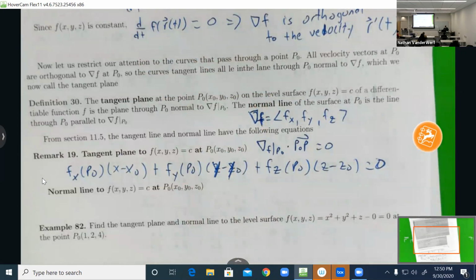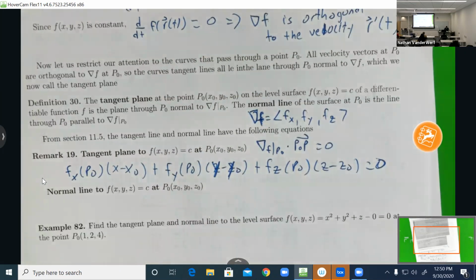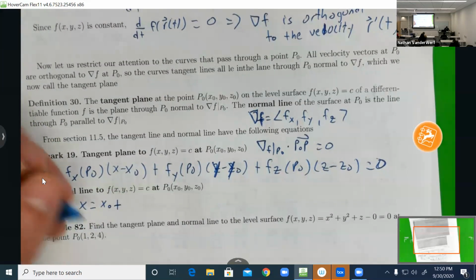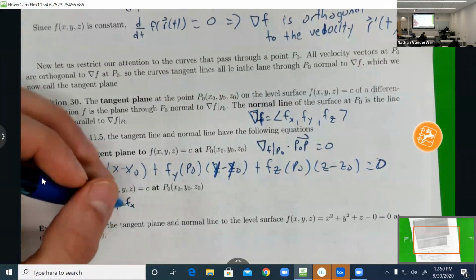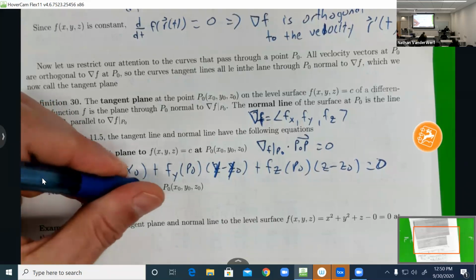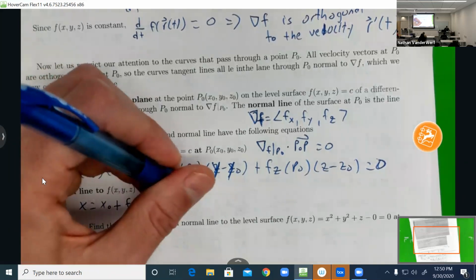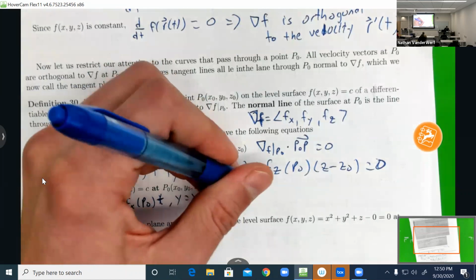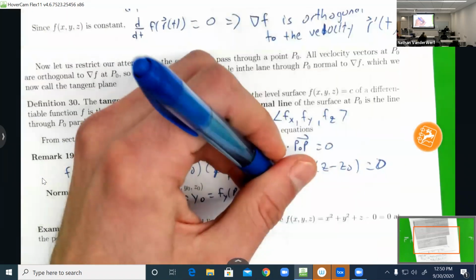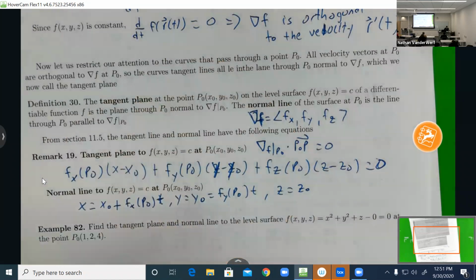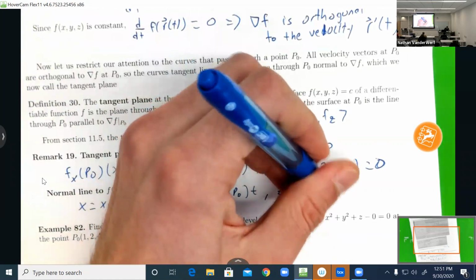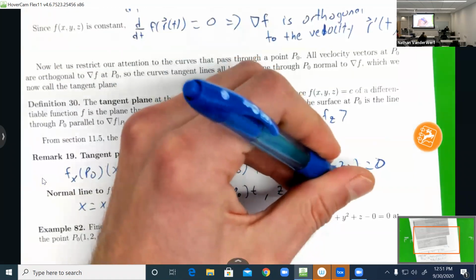And then the normal line. To make the line, we'll use parametric equations: x is x0 plus fx at P0 times t, y is y0 plus fy at P0 times t, and z is z0 plus fz at P0 times t.